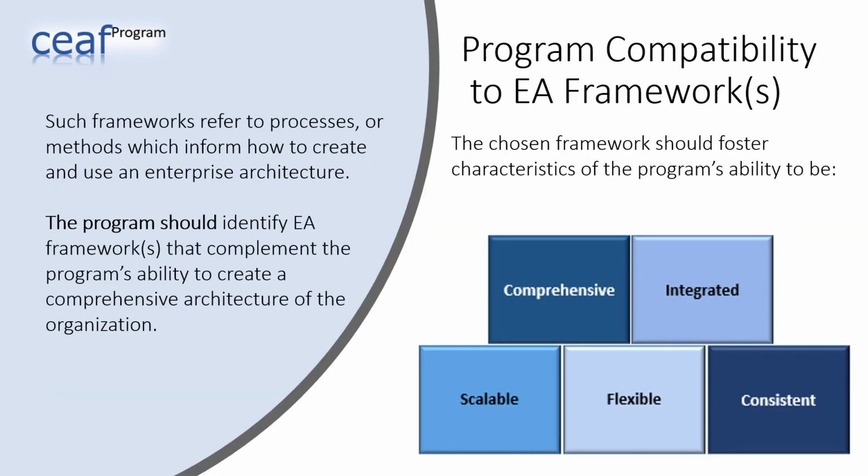The program should identify EA frameworks that complement the program's ability to create a comprehensive architecture of the organization. The chosen framework should foster characteristics such as being comprehensive, integrated, scalable, flexible, and consistent.